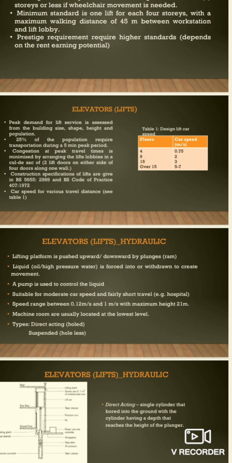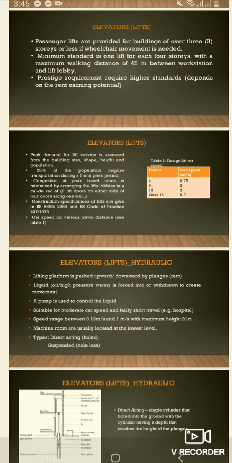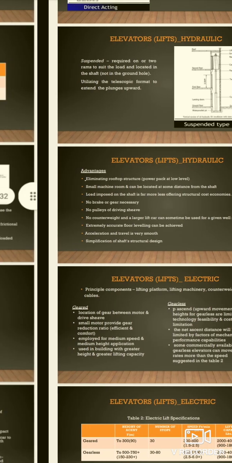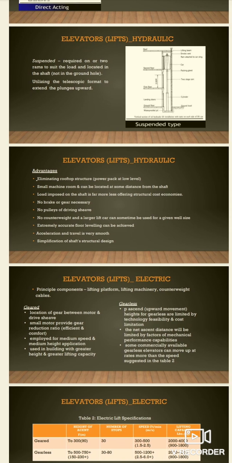Types: direct acting, suspended, holeless, and elevators lift hydraulic. Direct acting, single cylinder that is bored into the ground with a cylinder having depth that reaches the height of the plunger. Elevators lift hydraulic.